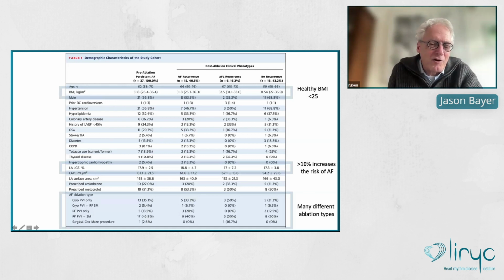Now, PVI alone is not directed at changing the substrate in the atrium and is not related to fibrosis probably, but to another mechanism, probably a focal origin in the PV region. So I wonder why they included those PVI only groups.